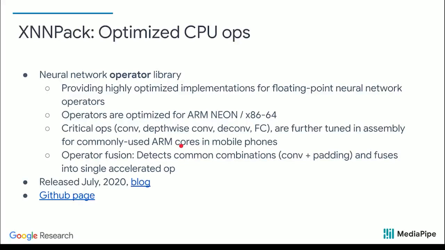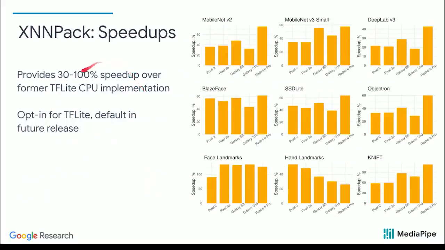XNNPack also provides some operator fusion, so it detects common combinations of ops and fuses them into a single accelerated op. It has been recently released and is now available in TF-Lite, where it provides a roughly 30% to 2x speedup over the former CPU implementation across a variety of models. Some of those we touched base on.